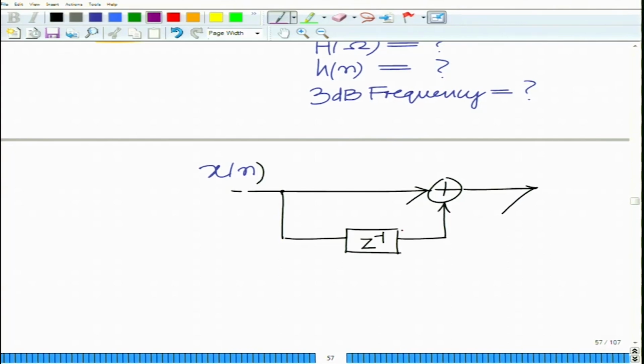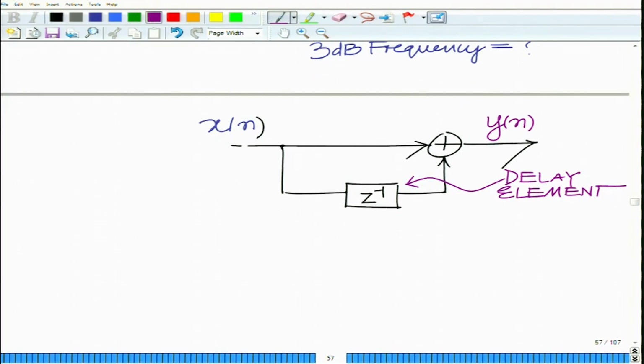So, this is your delay element, or delay block, and this is your y of n. And you can see if x of n is the input, the output here is x of n minus 1, and you are summing x of n and x of n minus 1.